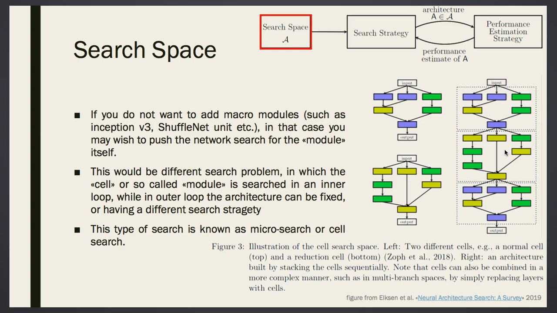So you structure your search space, and the search strategy finds the perfect one by testing and training them each time. So don't make any mistakes. Each time the search strategy selects an architecture A, it estimates the performance of it. How does it do it?